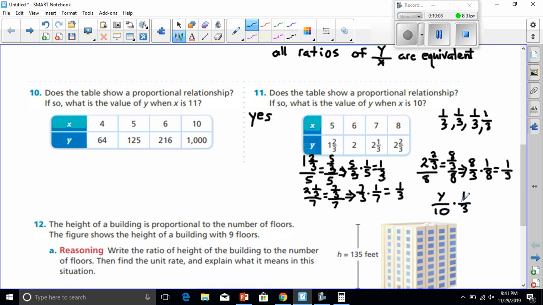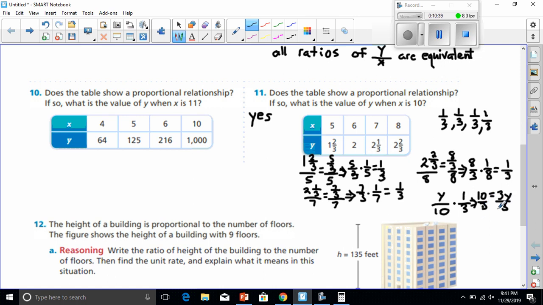Well, using cross multiplication, we know that 10 times 1, which is 10, is going to have to be equal to 3 times y, which is 3y. And now I know I have to divide 3 away from 3y, which means I have to divide it from 10.